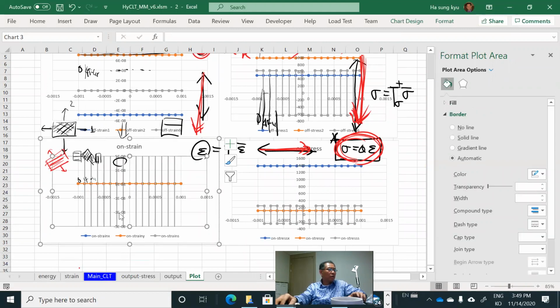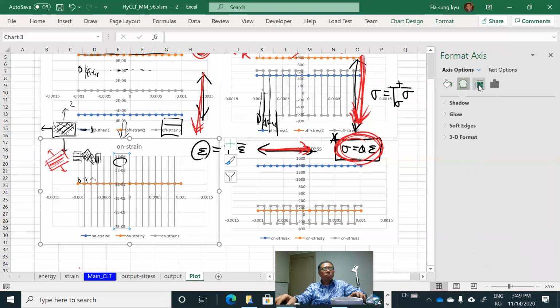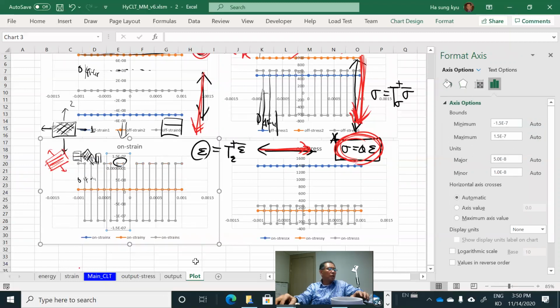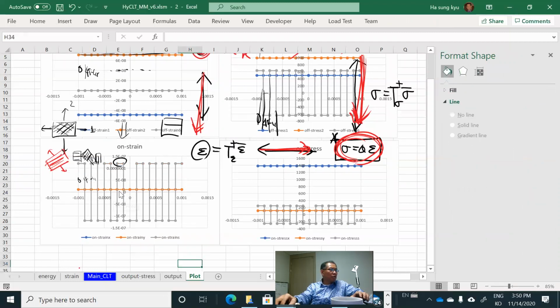Cannot click that one. Axis. Now I'm going to have an automatic one. Okay, so this one.